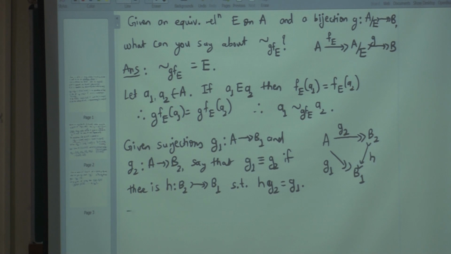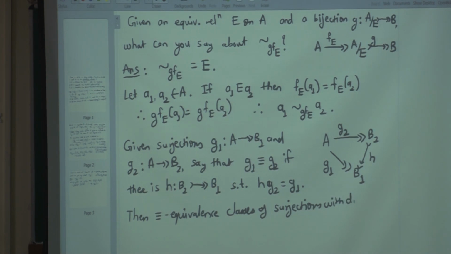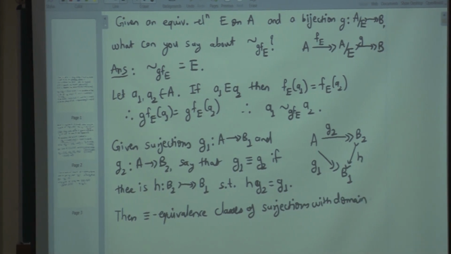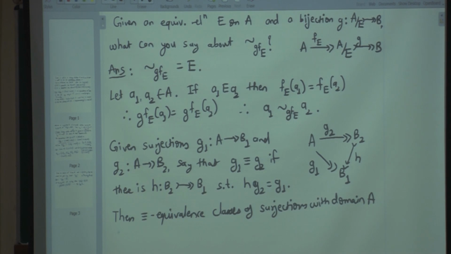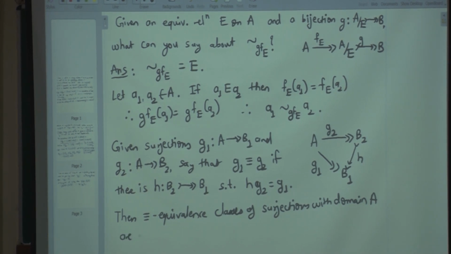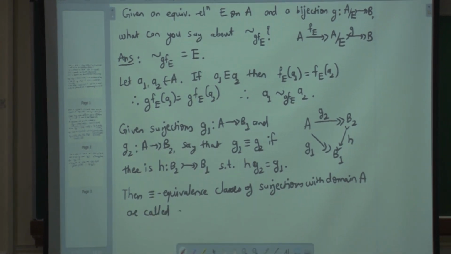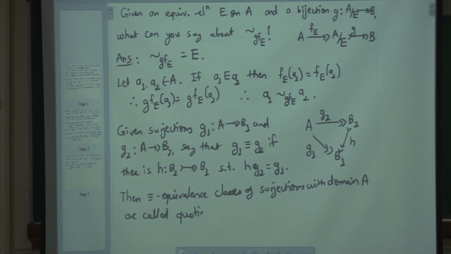Then this tilde, equivalence classes of surjections with domain A, are called quotients of A.